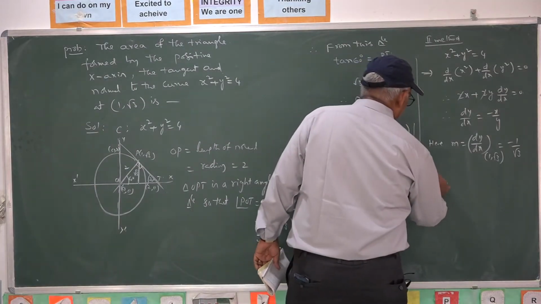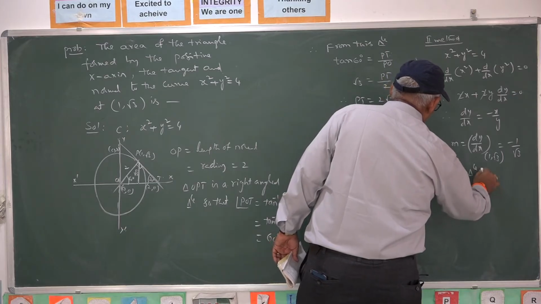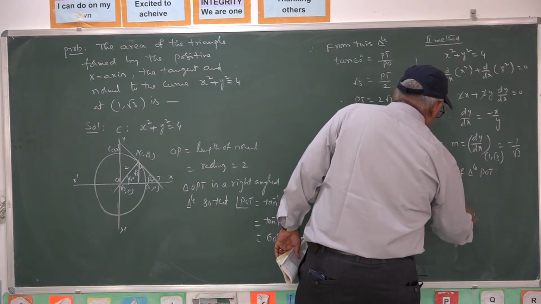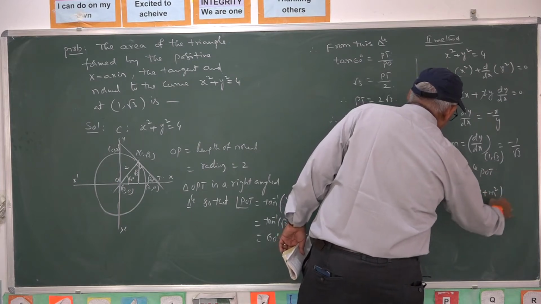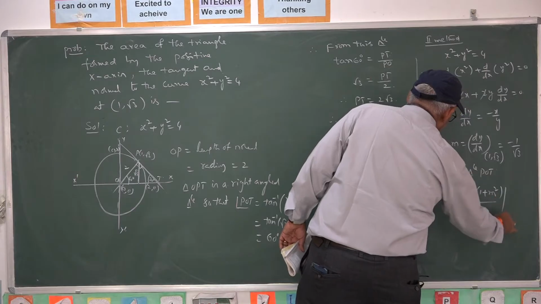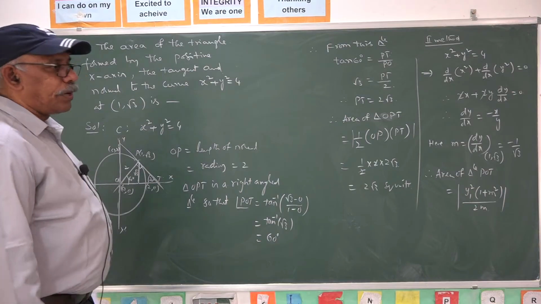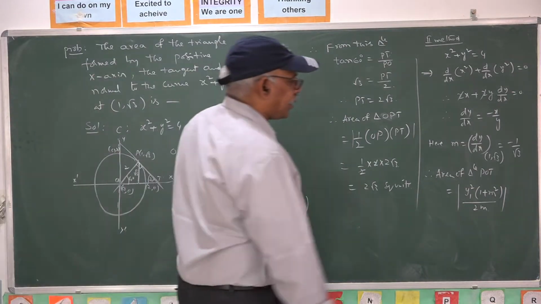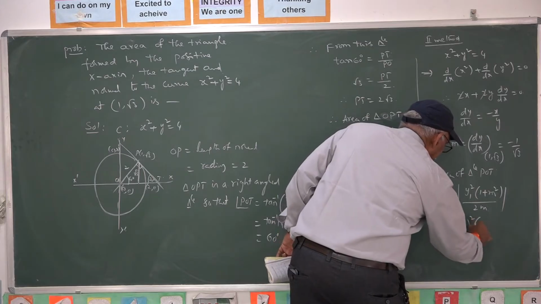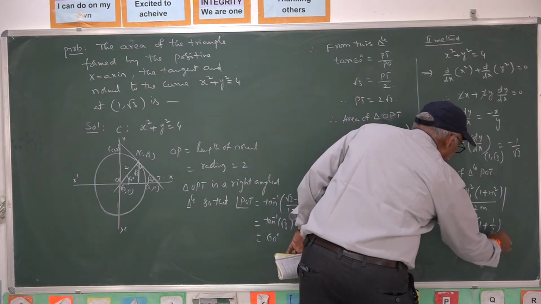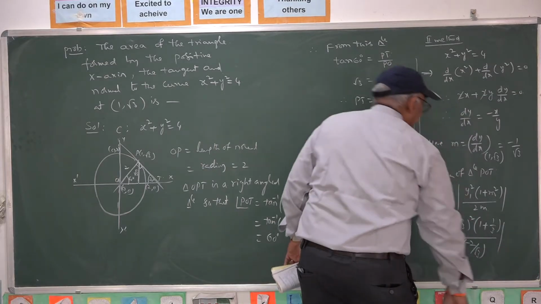Therefore, the required area of triangle POT is, the formula is y1 square into 1 plus m square by 2m, where y1 is the ordinate of the point where the tangent and normal are considered. That is, root 3 whole square into 1 plus 1 by 3 by minus 2 by root 3, with modulus.